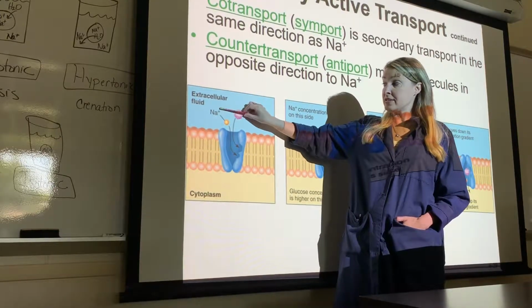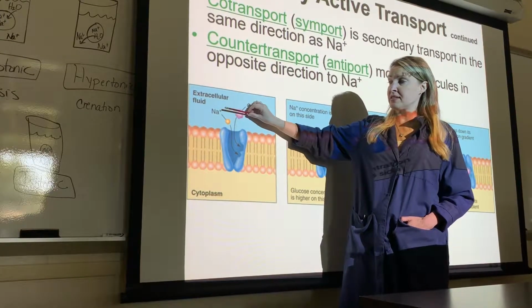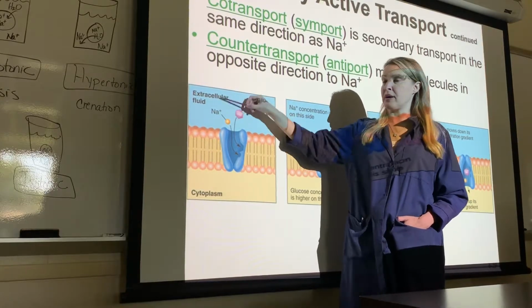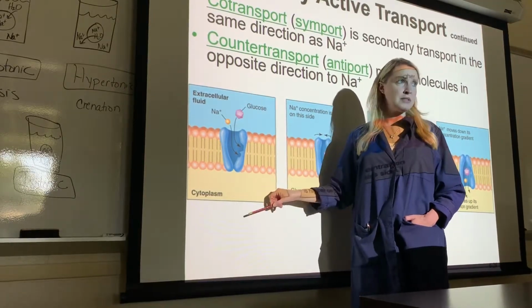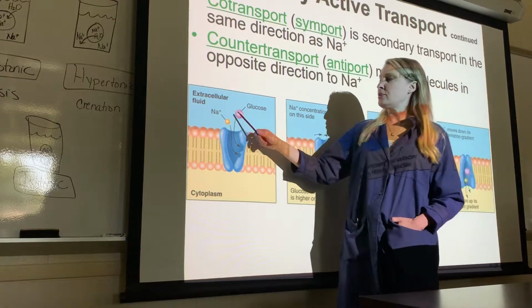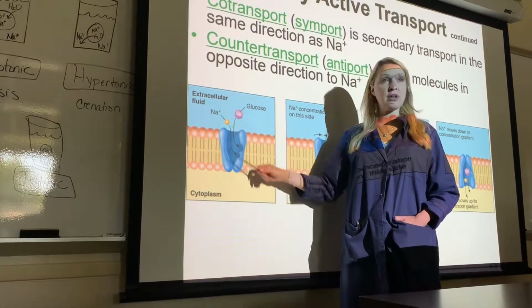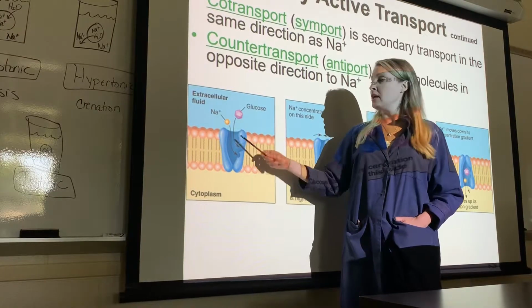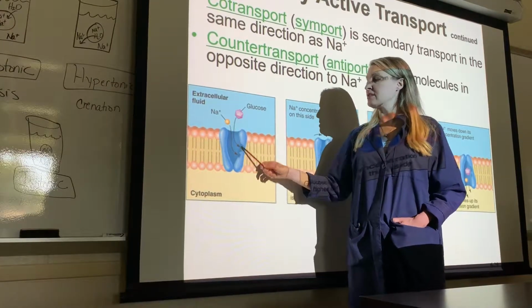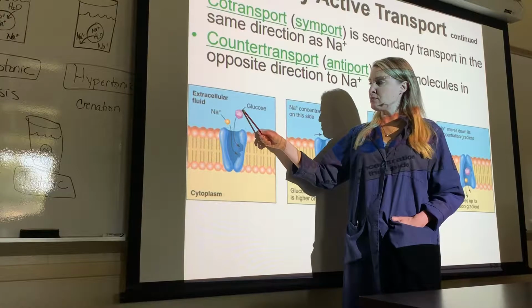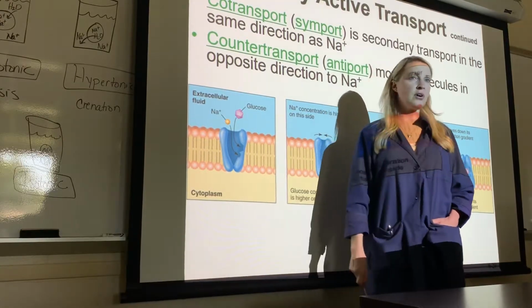Sodium, because the sodium-potassium pump sets things up so that there's high sodium outside the cell, high potassium inside the cell, right? The sodium that's outside the cell wants to diffuse in. It's high concentration out here, low concentration in here. So as sodium diffuses, it provides the energy to move glucose against the concentration gradient.